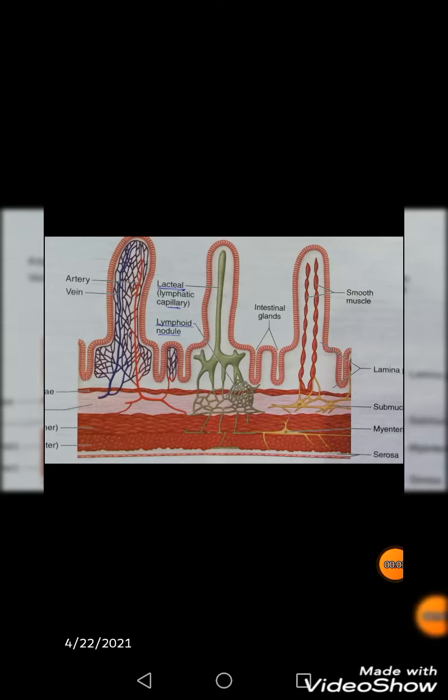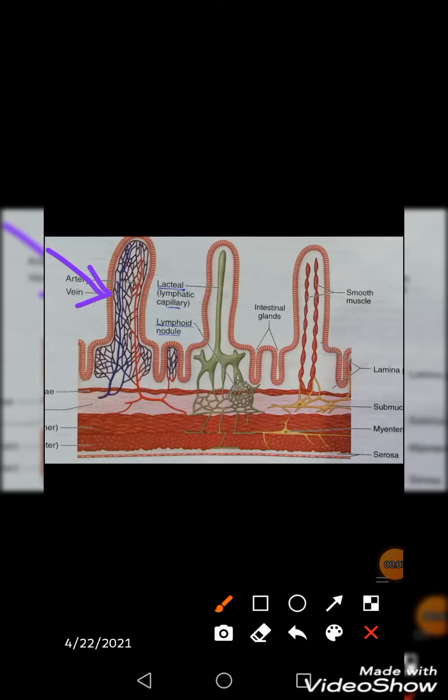In this picture you are visualizing the villi again, and you can see that each consists of an outer surface epithelium made up of simple columnar cells, and inside there is a core of lamina propria.